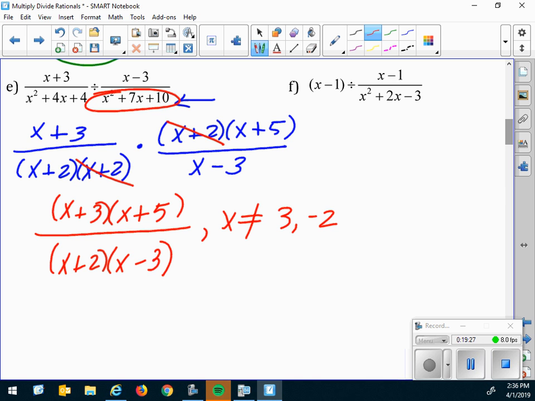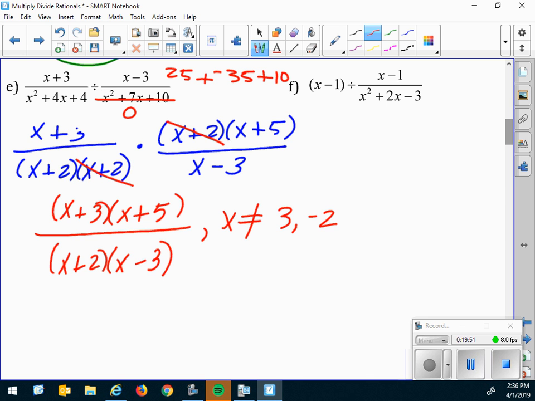If x is negative 5, what's negative 5 squared? 25. 25 plus 35. No. What if x is negative 5? What's 7 times negative 5? Plus 10 is 0. So this piece here would be 0.